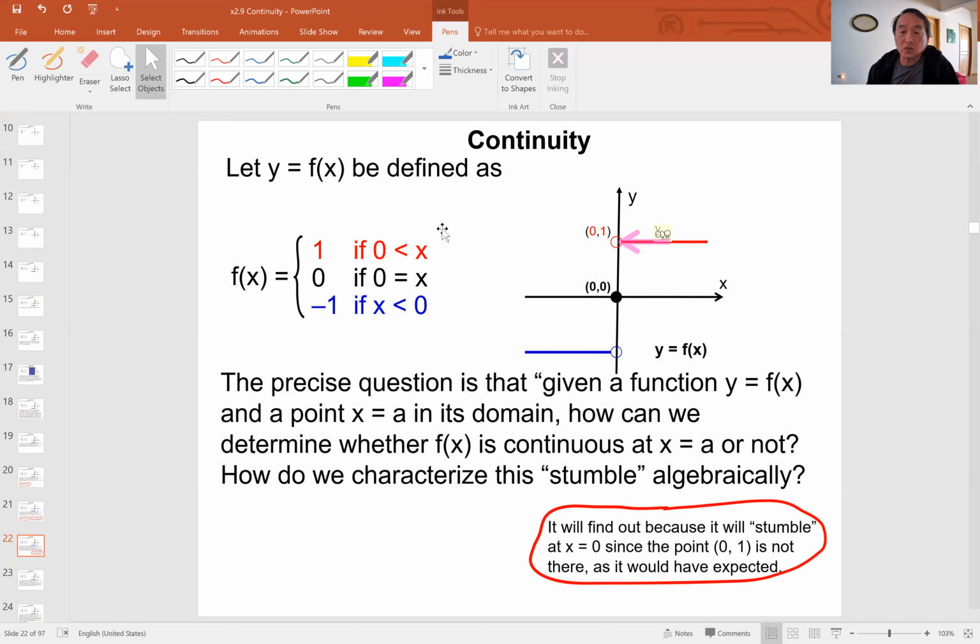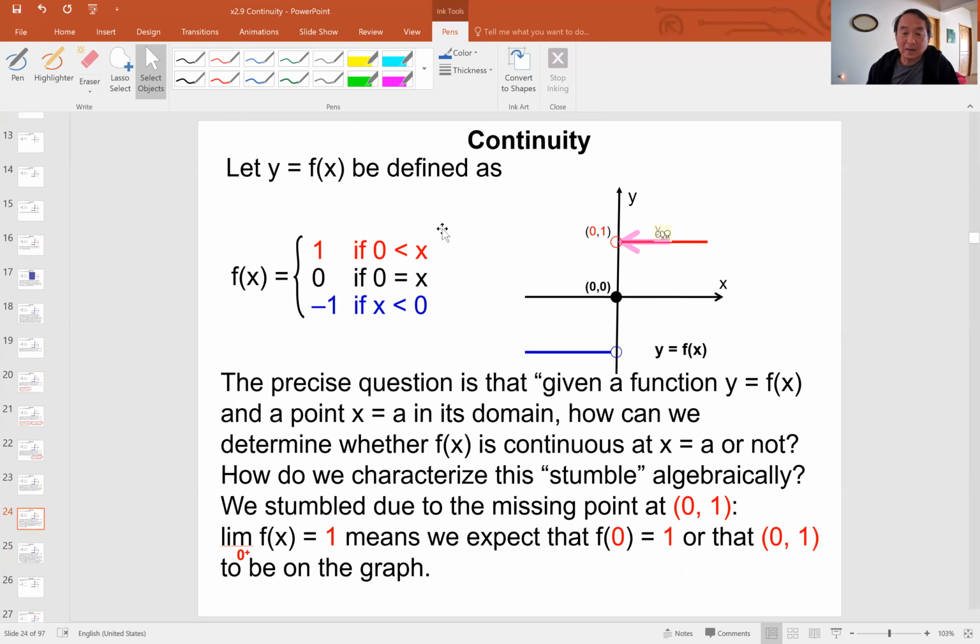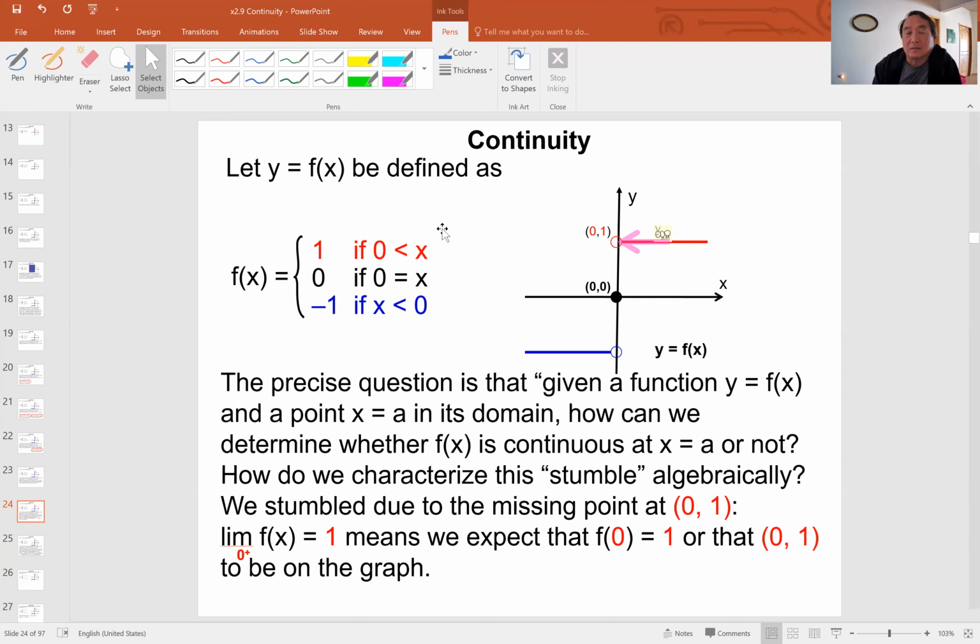As x goes to 0 from the right-hand side, the ant finds that at the point x equal to 0, there is a point that is supposed to be filled in, but it's not there.